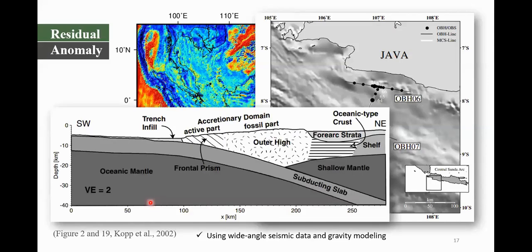They proposed that this positive gravity anomaly is caused by two reasons: that beneath this there is an oceanic type crust, and also that the mantle is very shallow. Both of them, as they have higher density, generate this positive gravity anomaly.